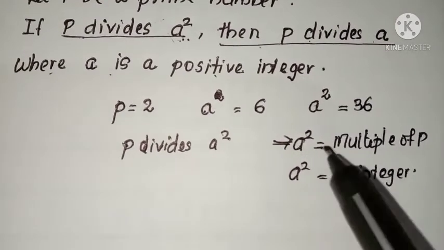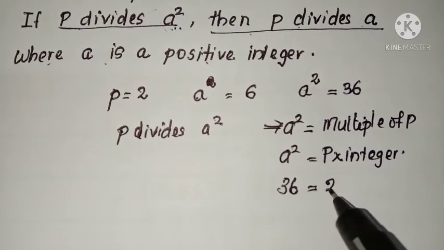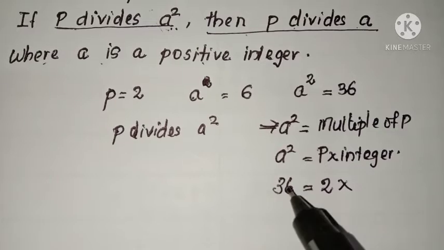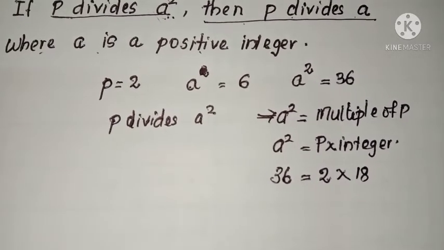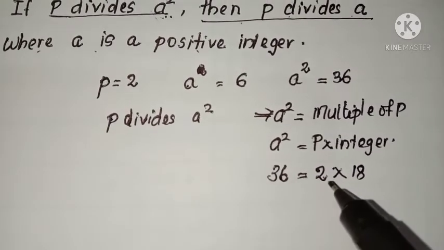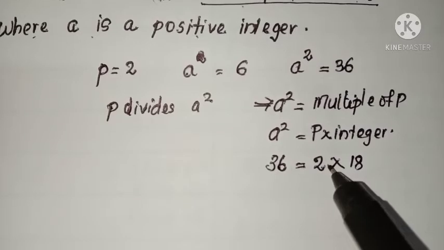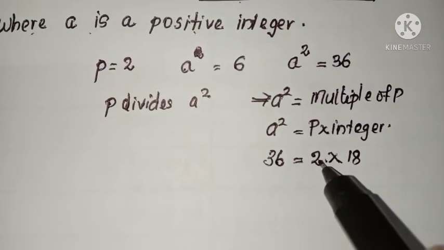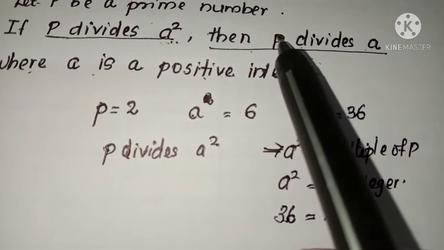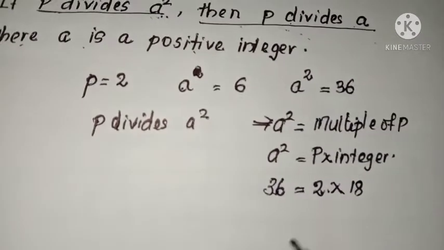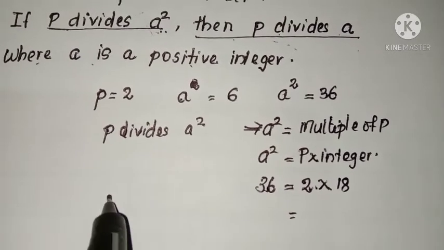Now what is A square here? A square is 36. What is P? 2. So 36 can be written as 2 into 18. This is the meaning. If 36 is a multiple of 2, then by the theorem, P divides A. What is P? P is 2.